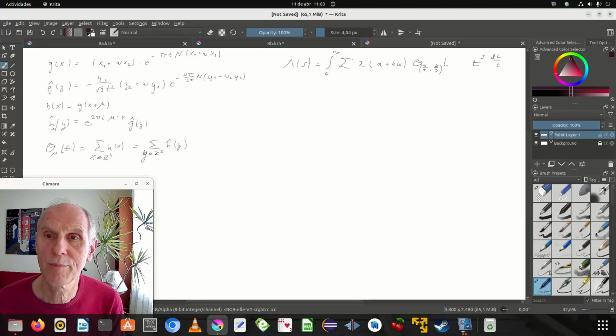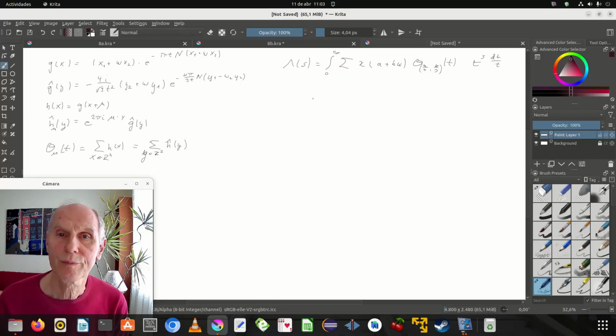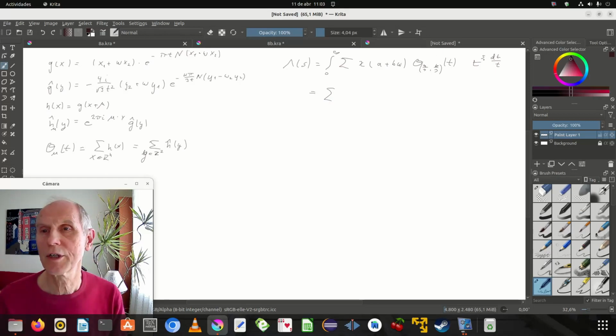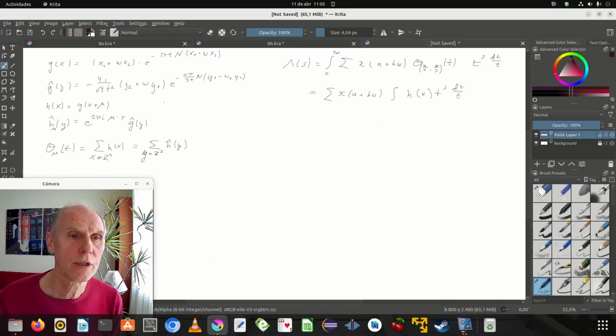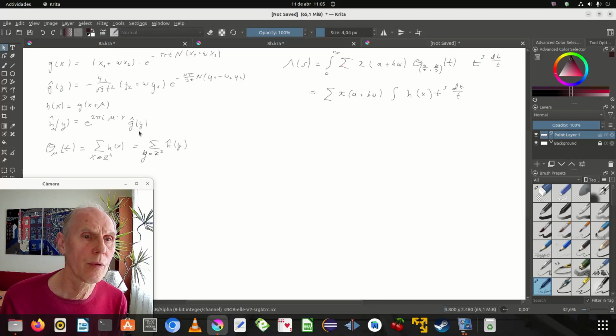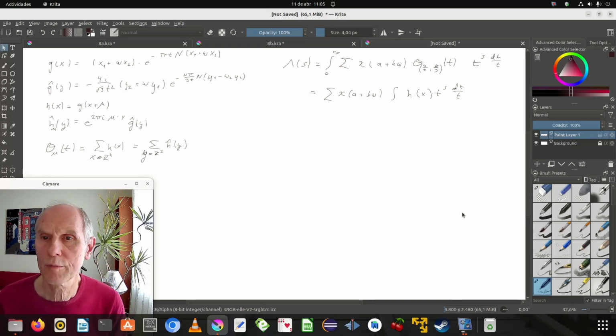So we have the sum. And for a real part of s being larger than unity, we should be able to exchange sum and integration. And since h has this term, here we have a g, which doesn't depend upon t, we can put it outside the summation.